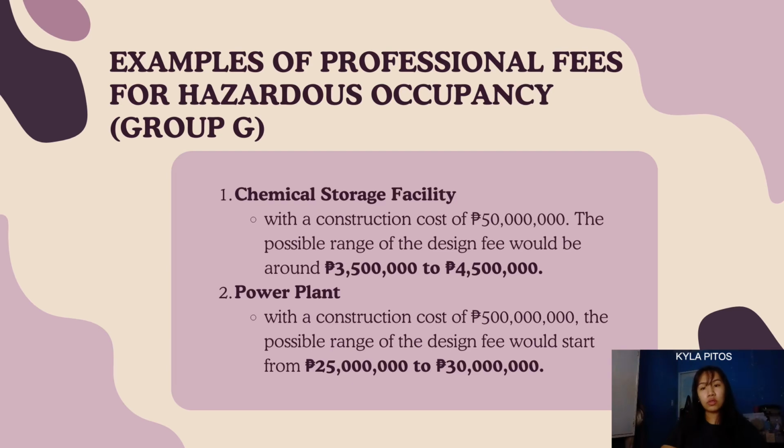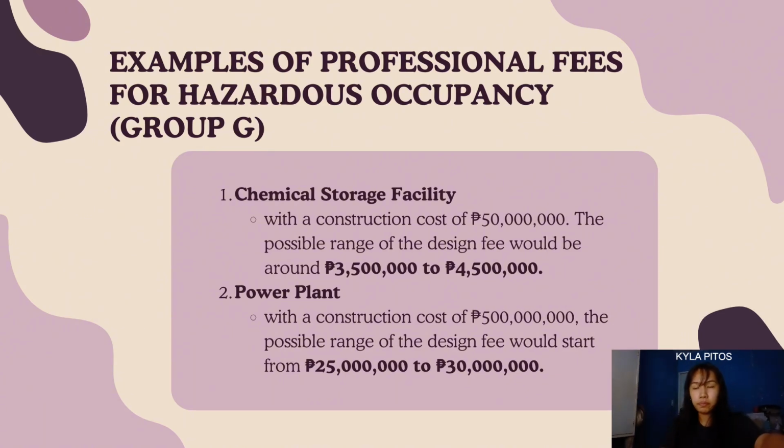This chemical storage facility has a construction cost of 50 million, and its possible range of the design fee would be around 3 to 4.5 million. Second example is the power plant, whose construction cost is around 500 million, which the possible range of the design fee would start from 25 to 30 million.